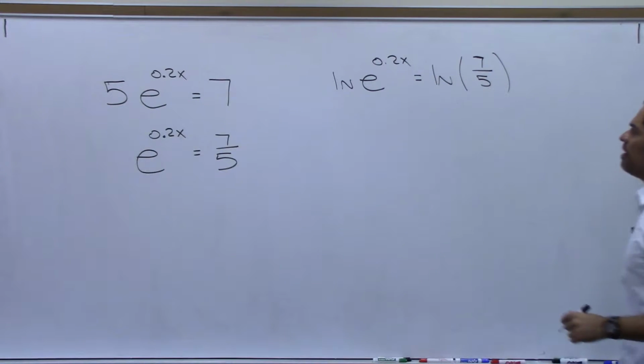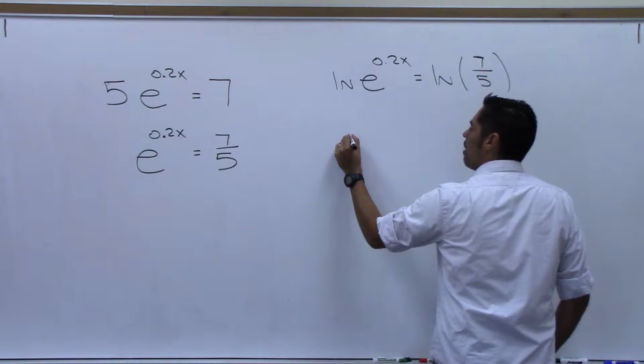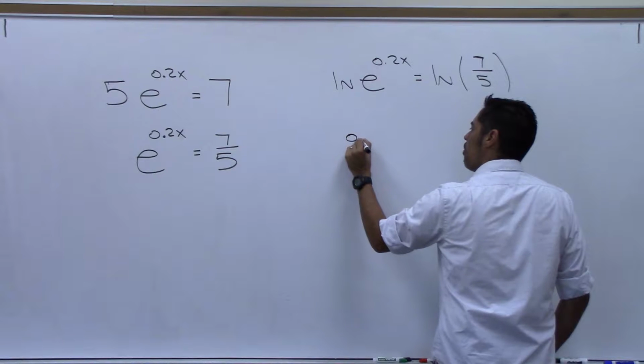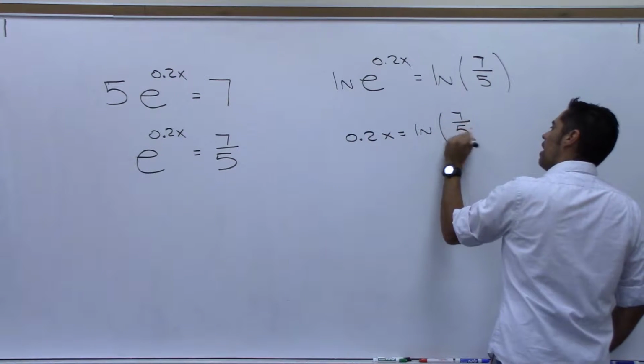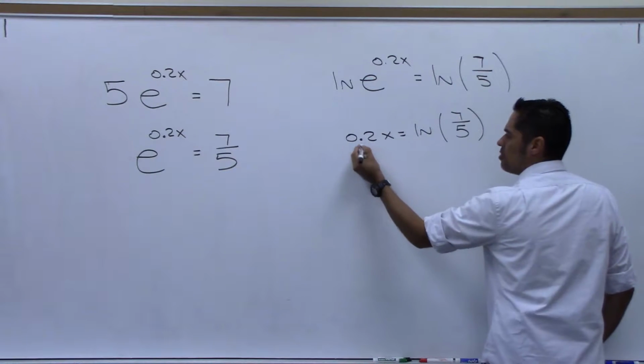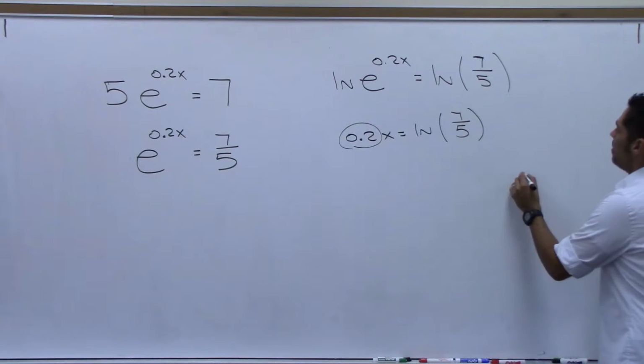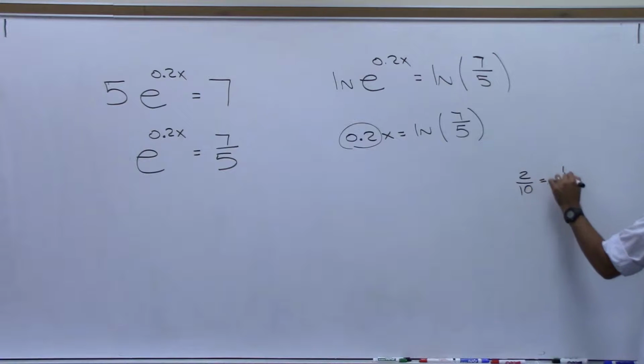And in the book answer, they actually don't even compute that. They just leave it. And then over here they write 0.2x equals this. They expect you to make the connection that 0.2 is the same as 2/10, which is 1/5.